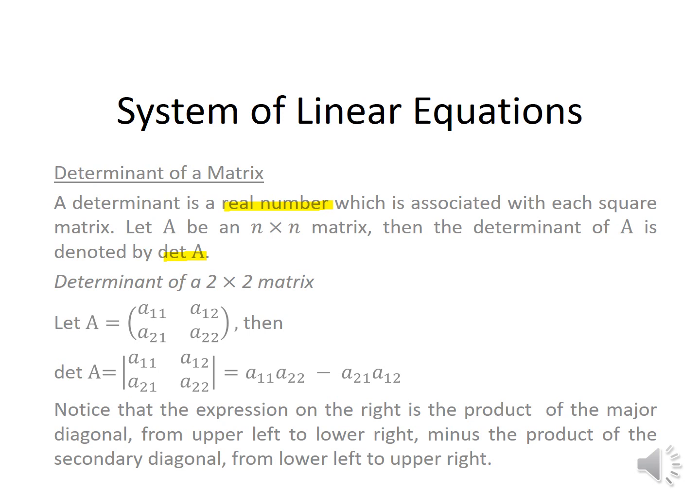Then the second step, you put a cross, meaning A11 multiply A22 minus A21 multiply A12. Notice that the expression on the right is the product of the major diagonal from upper left to lower right minus the product of the secondary diagonal from lower left to upper right.